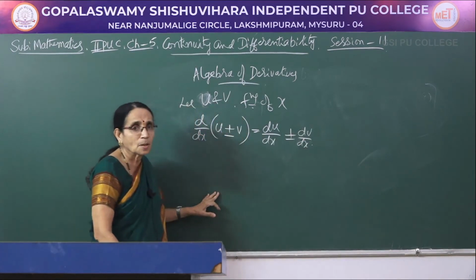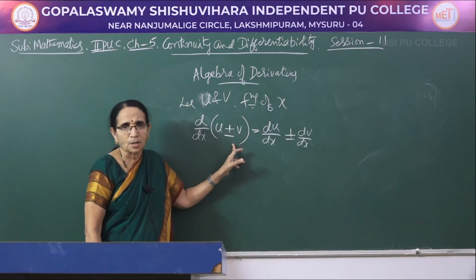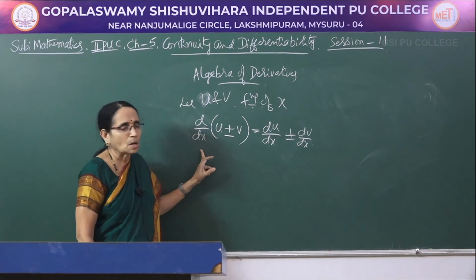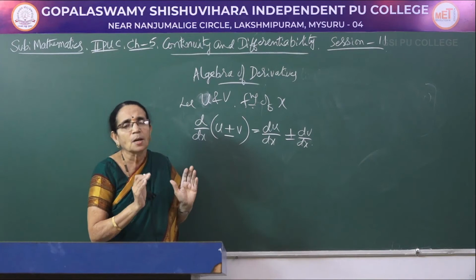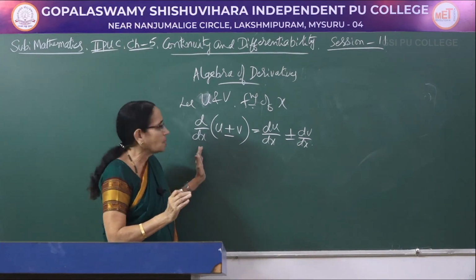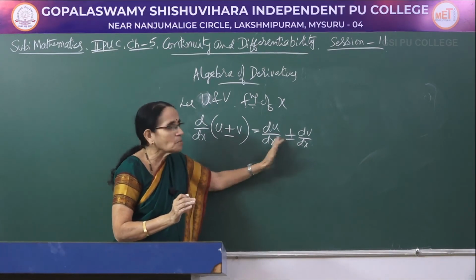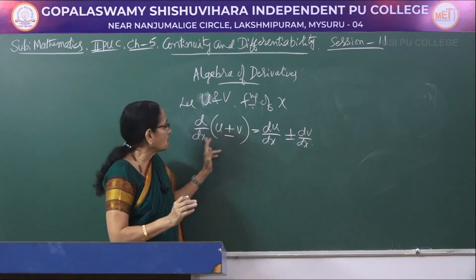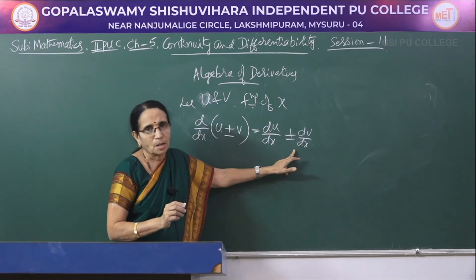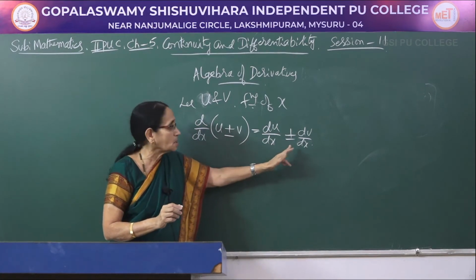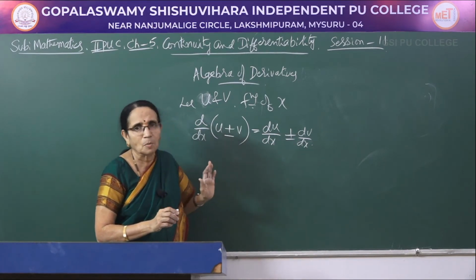What do you mean by that one? First we have added the function, then we have taken the derivative. It is actually equal to the sum of the individual derivatives. So, the derivative of the sum is equal to the sum of the derivatives. The derivative of the difference is equal to the difference of the derivatives in the same order, of course. When you write the difference, you have to take it in the same order.